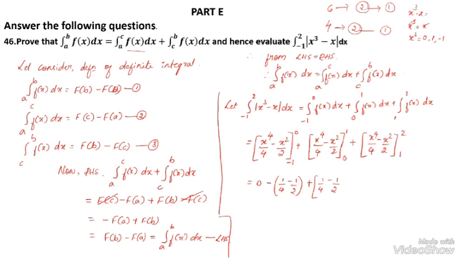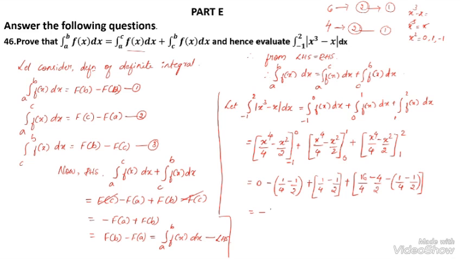While substituting the lower limit, it becomes 0 plus. Here substituting the upper limit 2 to the power 4, it becomes 16. 16 by 4 minus 2 squared 4 by 2, minus of, while taking the lower limit, that is 1 by 4 minus 1 by 2.